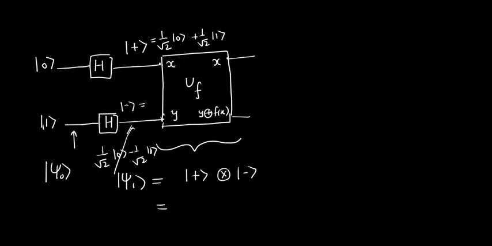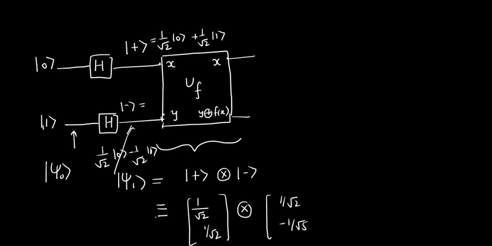Which is like this. And we can easily solve this if we use this equivalent notation, right? This is how we can write the ket minus and ket plus respectively in the form of a vector, right?